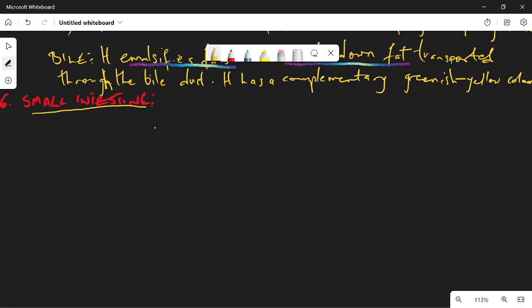So what happens in the small intestine? What are those things that happen in the small intestine? They are the things we want to quickly look at now.